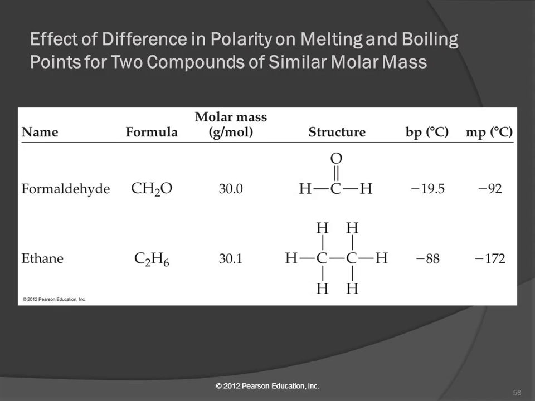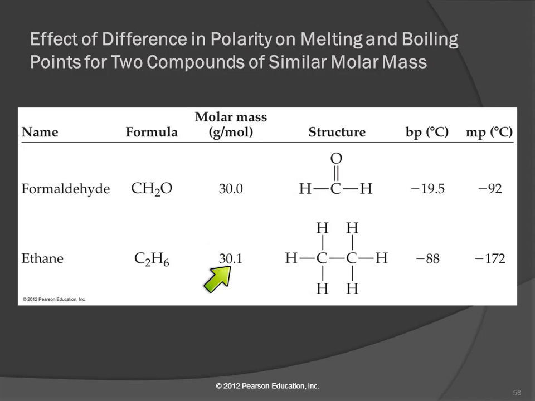And my two little rules: if there are no lone pairs and all the atoms bonded to the central atom are the same. Well, this one has two central atoms, but there are no lone pairs anywhere, and all the atoms around are hydrogens, they're all the same. Here the central atom is carbon, there are no lone pairs on it, but the oxygen is different, and so this one's lopsided, this one's polar.